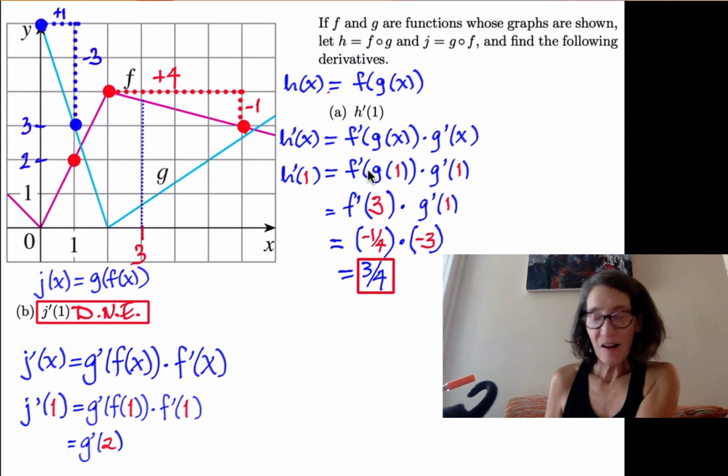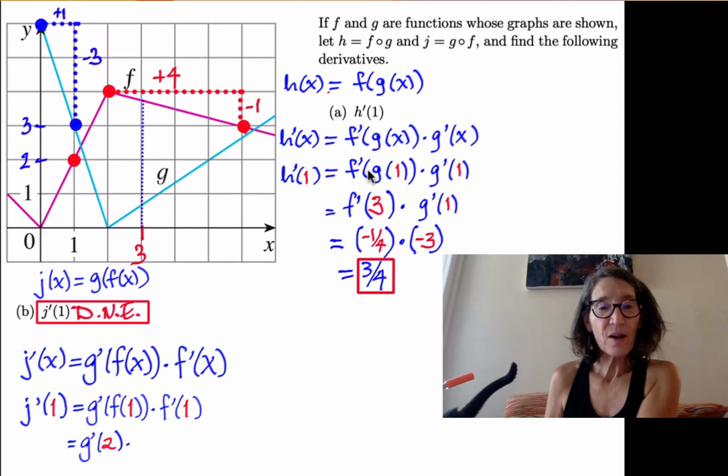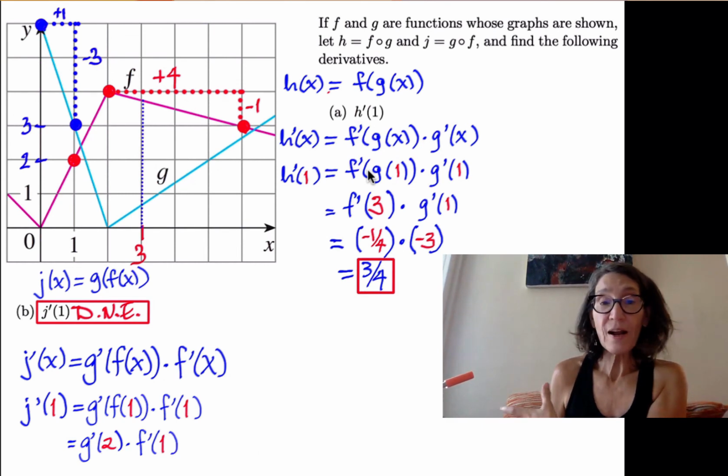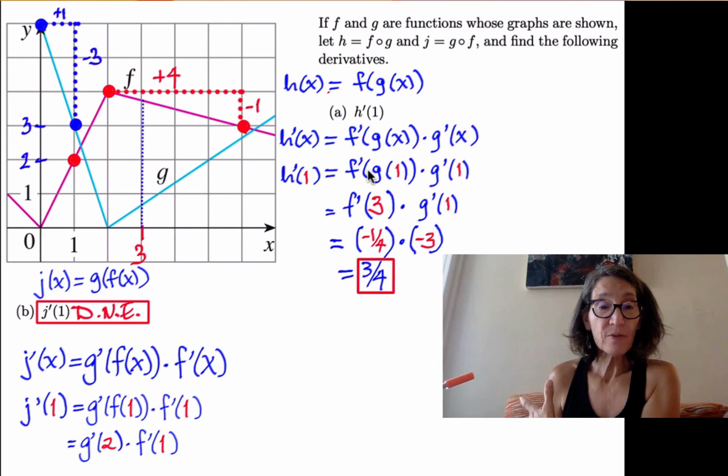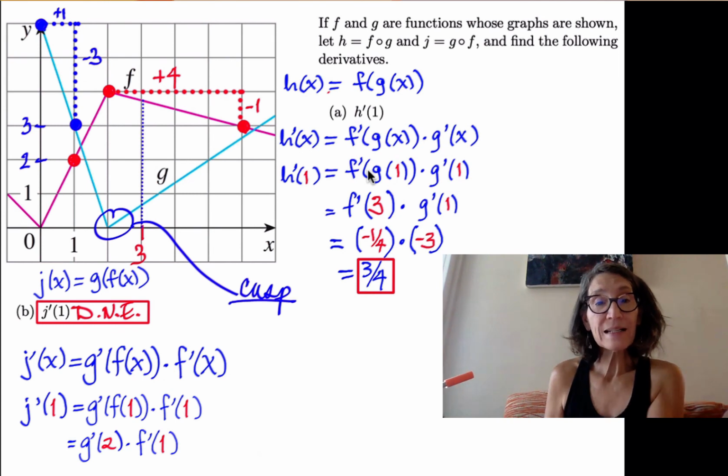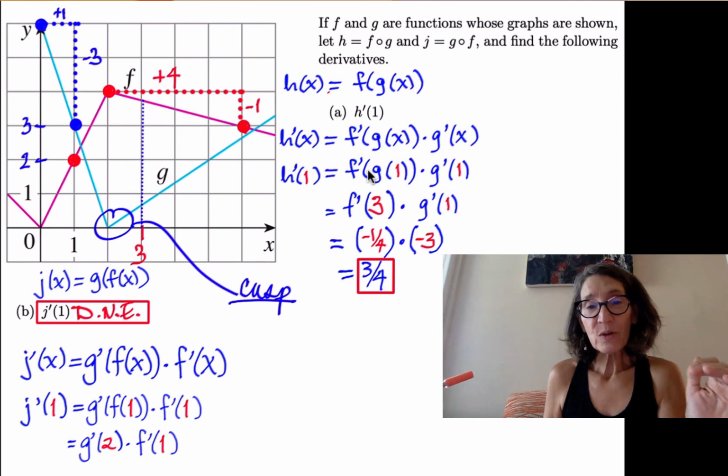So we're going to find G prime of 2, and we're going to multiply that by F prime of 1. Now, looking at the blue graph, we have to find G prime of 2. When we find X equals 2 and then look at the blue graph, we have that point, and it's a sharp corner. That's called a cusp. Notice that it's where two straight line segments come together.